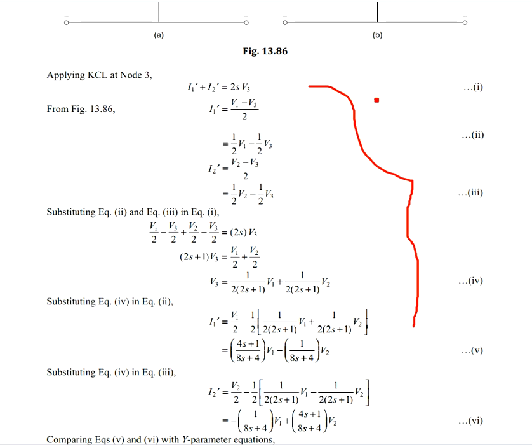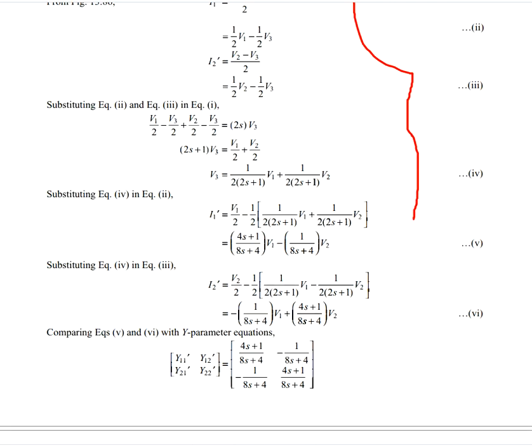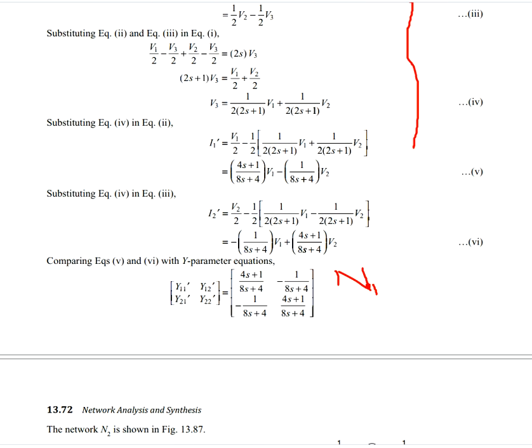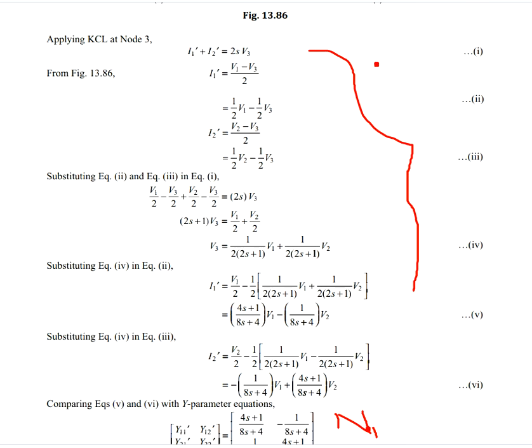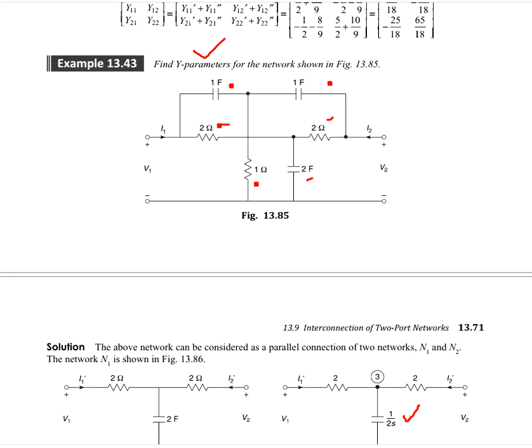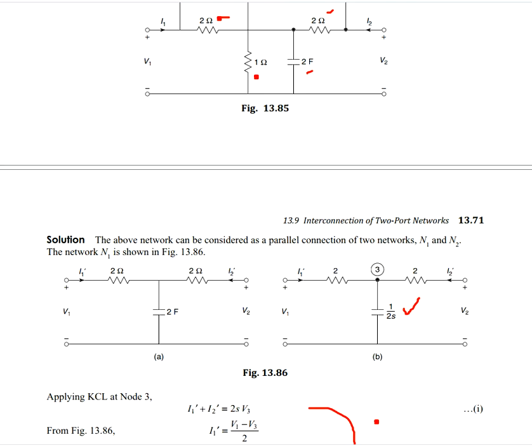You can get the y parameters of network N1. Let us say this is for network N1. Next, it is not the complete overall network's y parameters. We also have another network which is connected in parallel with this network, and that network has 2 capacitors and 1 resistor connected in T type.